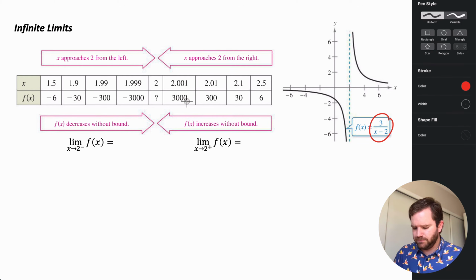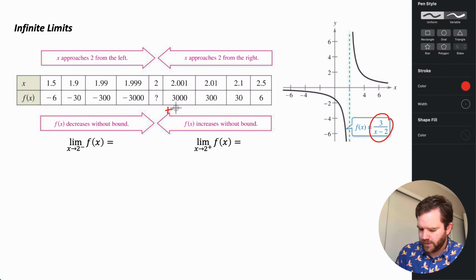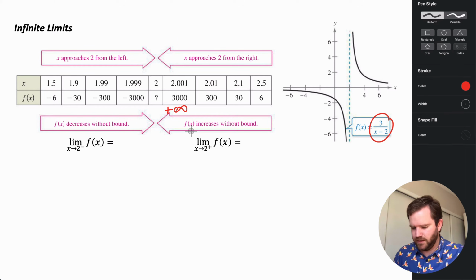And these numbers are just getting larger and larger and going off toward positive infinity, right? If I were to pick 2.0001, so 1/10,000th away from 2, we'd probably get 30,000 and so on. So we can see that as our number is getting closer and closer to 2 from the right, our number is going off to positive infinity.